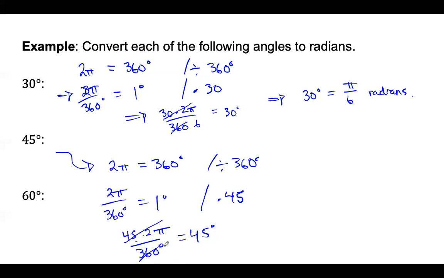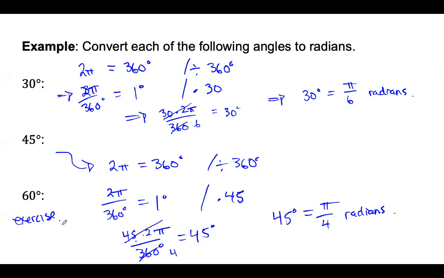So 45 degrees equals pi divided by 4 radians. I'll leave the 60 for you as an exercise to complete.